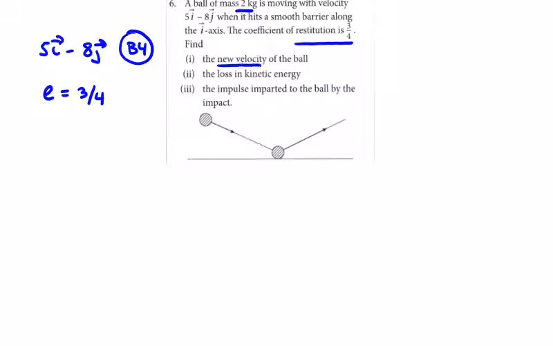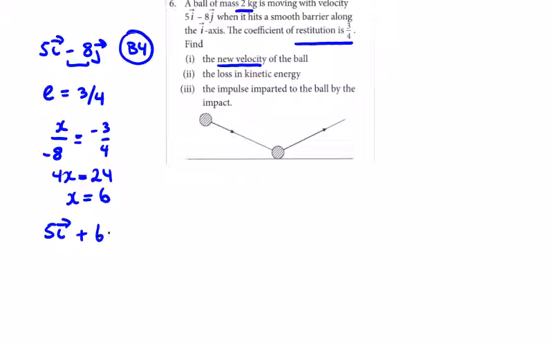So the new velocity over the old, this minus 8, is equal to minus e, so minus 3/4. 4x is equal to 24, so x is equal to 6. So the new velocity is 5i plus 6j.